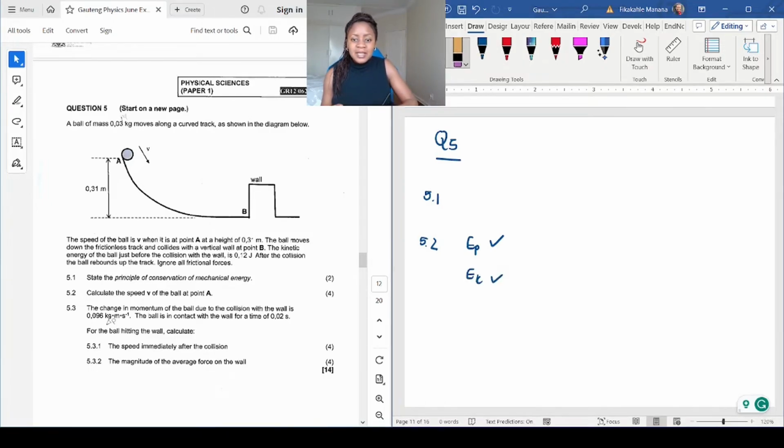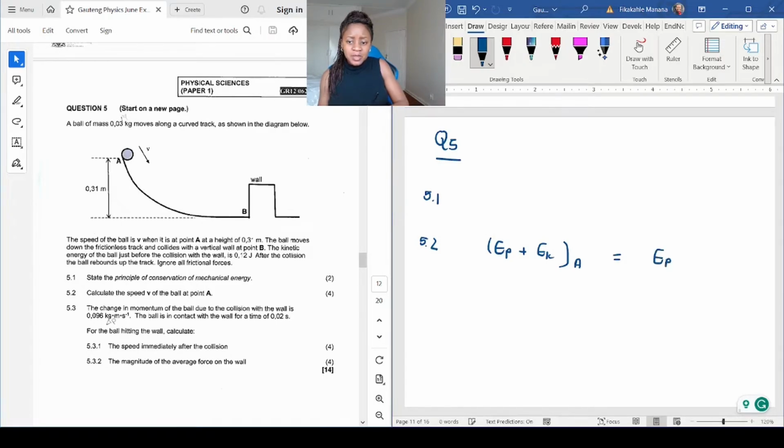So let's use the formula that we know, total mechanical energy, and calculate the speed. We're going to get the potential energy and the kinetic energy at point A, and that will be equal to the potential energy and kinetic energy at point B.